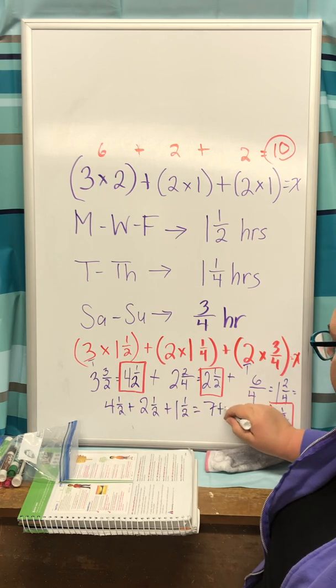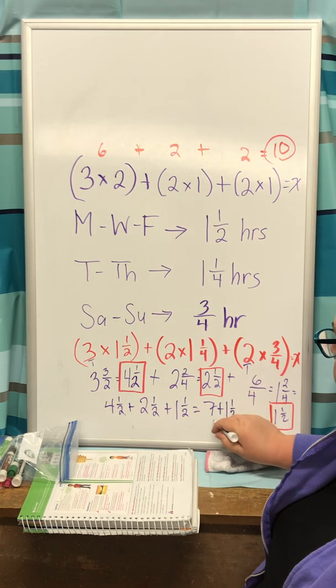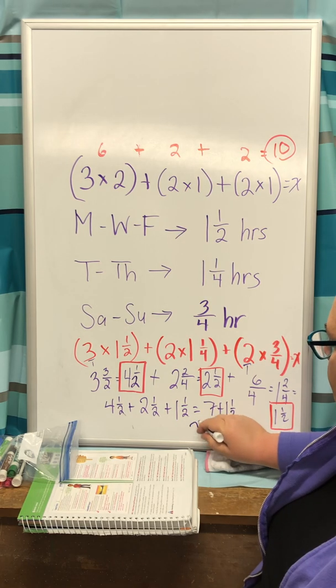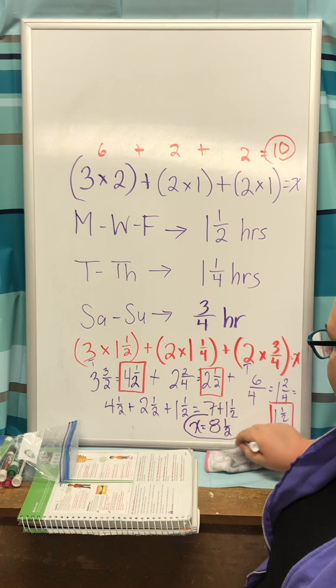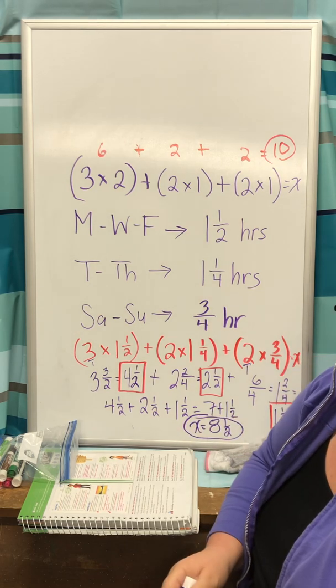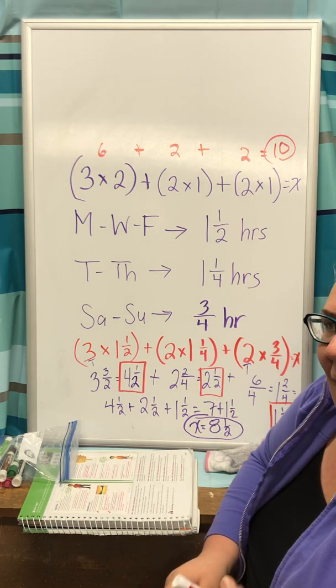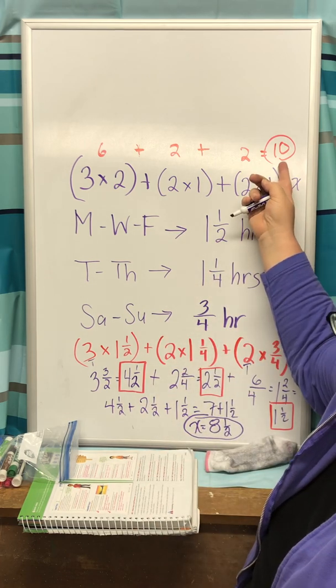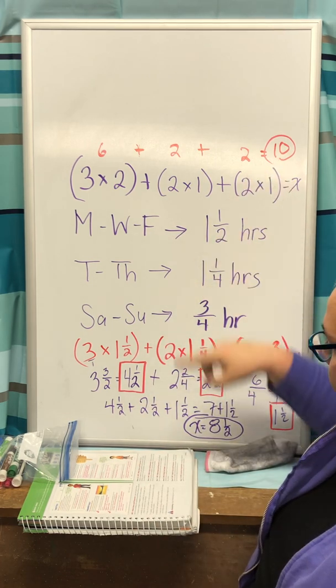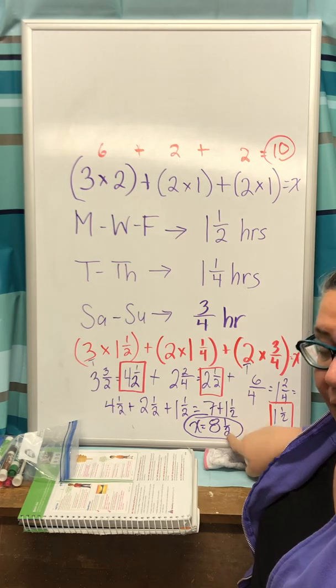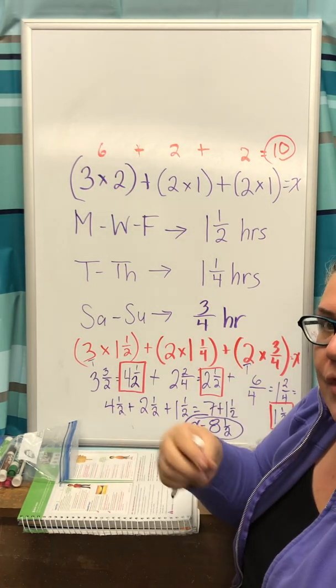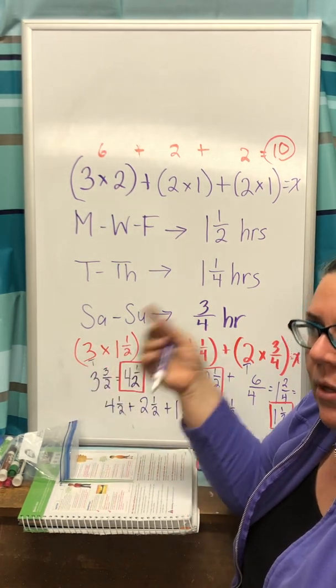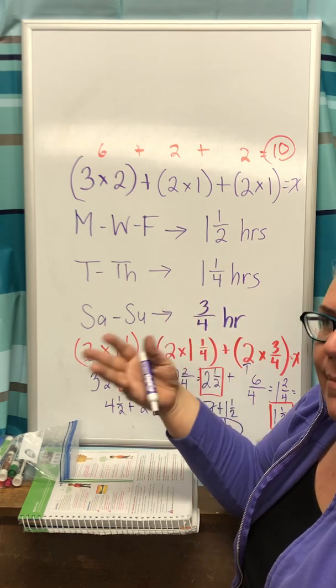So I have plus 1.5 for a total of 8.5. So x equals 8.5. When I'm done with that, I go back up and I say my estimate was 10. My exact answer was 8.5. Does my answer make sense? Is it reasonable based on my estimate? And my answer is yes.